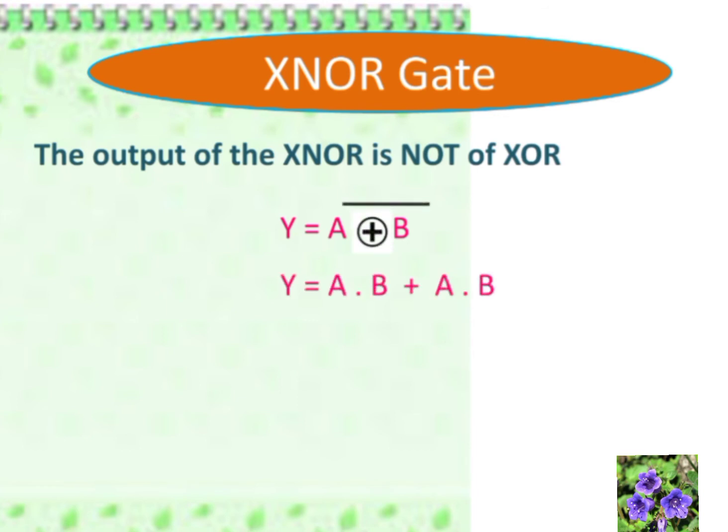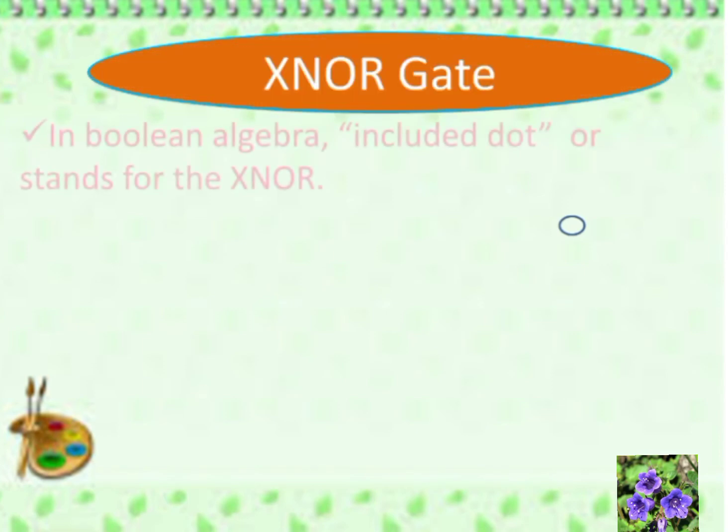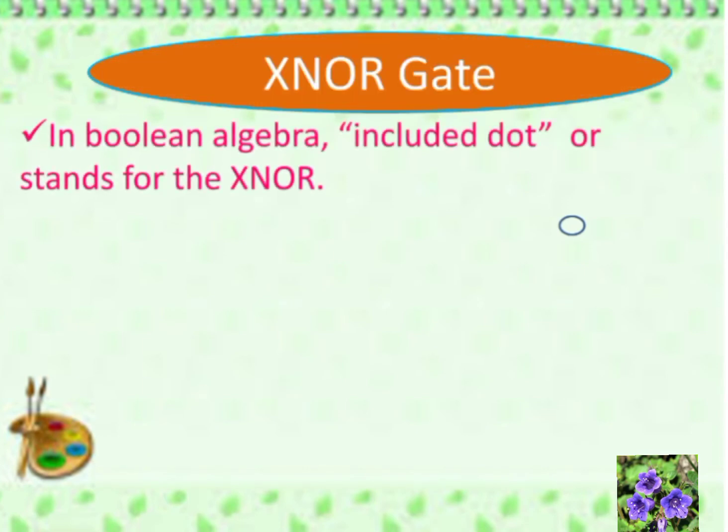Here I have explained Y equal to A encircled plus B. Then I am taking the over bar. From that we can write A bar dot B plus A dot B bar, all barred. Using De Morgan's theorem in Boolean algebra, we get AB plus A bar dot B bar. In the XNOR, we use the symbol of an encircled dot operator.